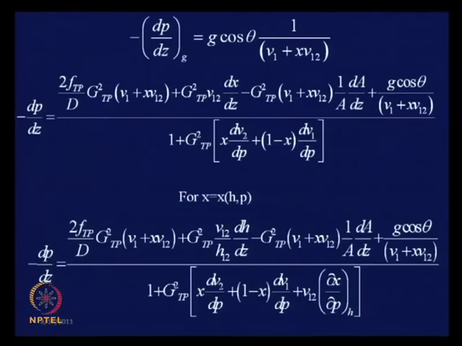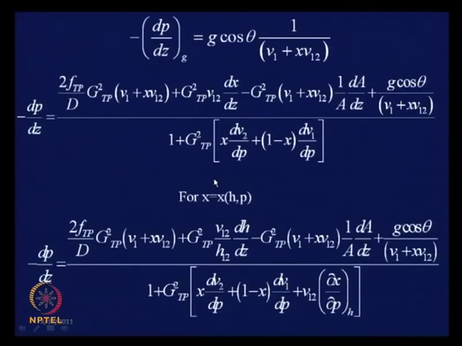Under such circumstances we cannot write x is a function of h and p only. We have to perform a proper energy balance equation, and from that we would like to get it. Under those circumstances this does not hold any longer.